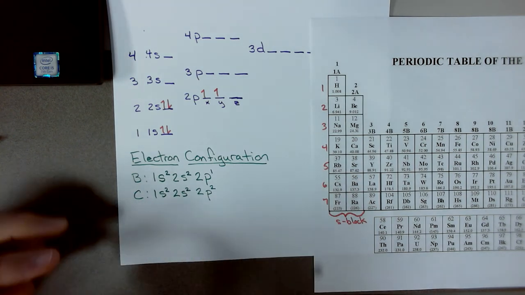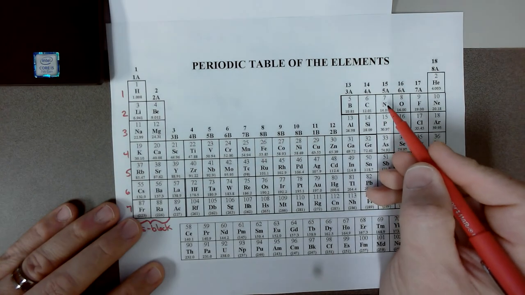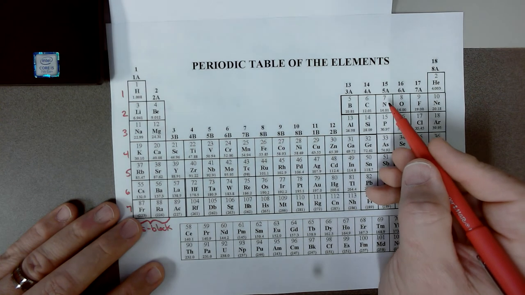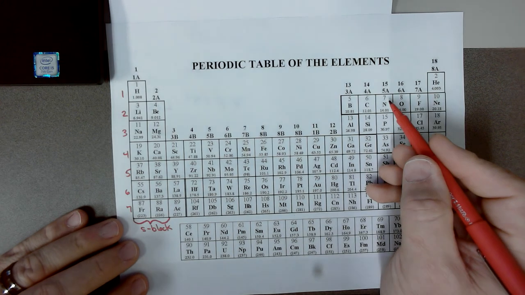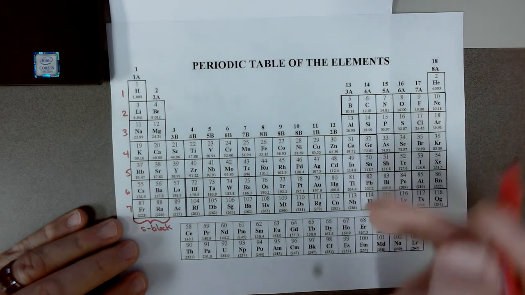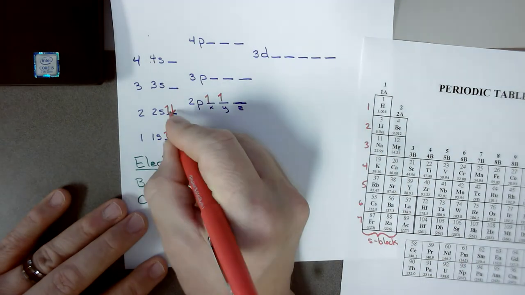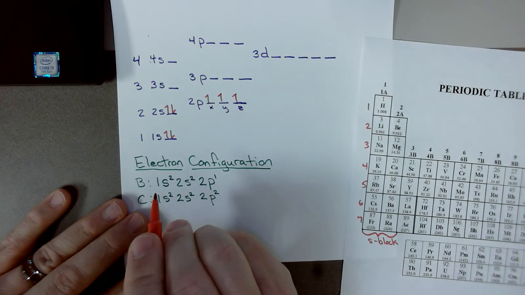I continue, and the next element is nitrogen, and it's got 7 electrons as a neutral element. Really, the 7 stands for 7 protons, but as a neutral element, it's got also 7 electrons. So I put 2, 4, 5, 6, 7. That's the representation for nitrogen.